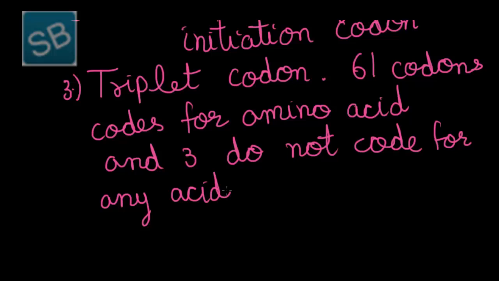Thus, out of 64, only 61 codons identify a typical amino acid, while the rest 3 do not code for any amino acid. Thus, a single amino acid may be specified by many codons, as we have already seen in the table. Such codons are defined as degenerate codons.